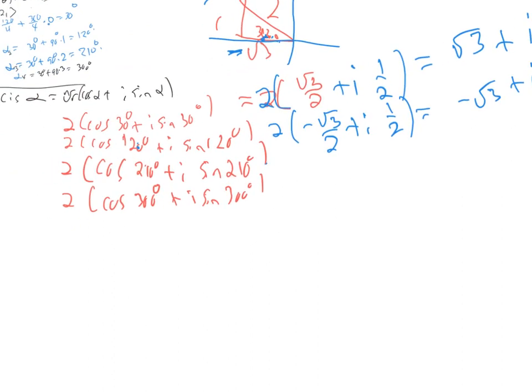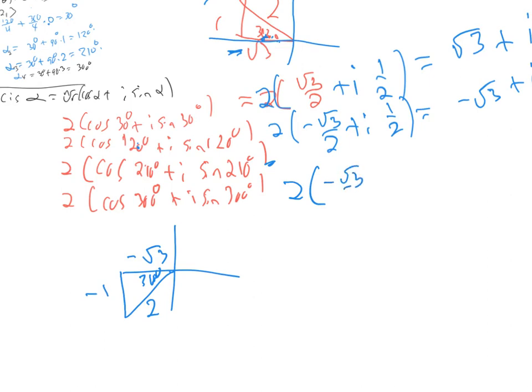Third one, right here I am, 2. Now I'm at 210 degrees. Same picture, but now I'm down here, and my 30-degree angle is there. So if that's still 30, now this is a negative 1, this is a 2, this is a negative square root of 3. So both x and y change sign. So cosine is still square root of 3 over 2, but one of them is negative.